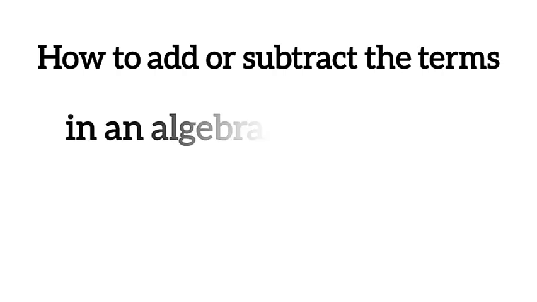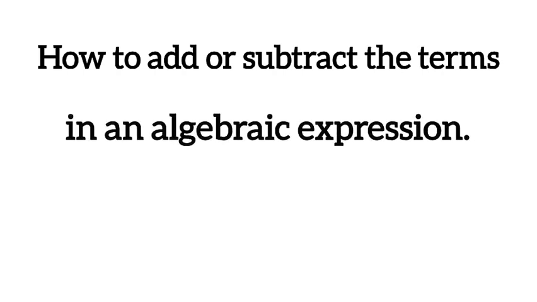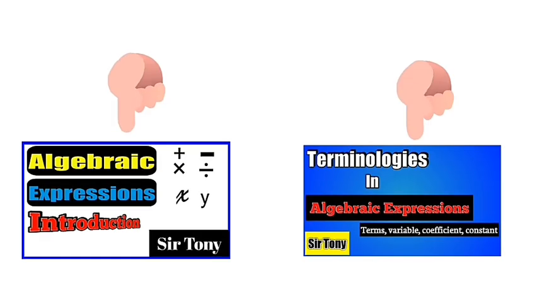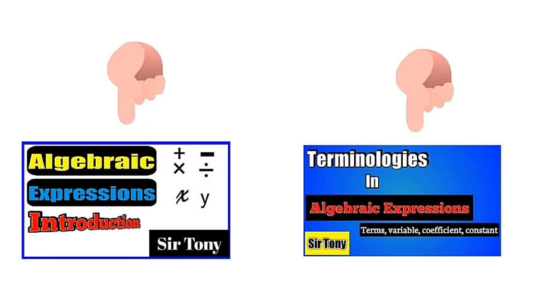In this video, I am going to teach you how to add or subtract terms in an algebraic expression. Check out my other videos in which I explain the meaning of algebraic expressions and some terminologies in algebraic expression. Before I teach you how to add or subtract the terms in an algebraic expression, please note the following.